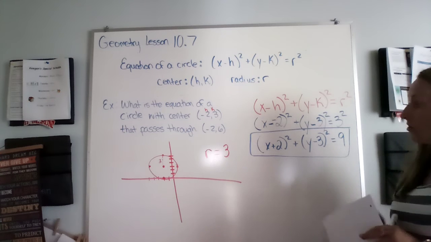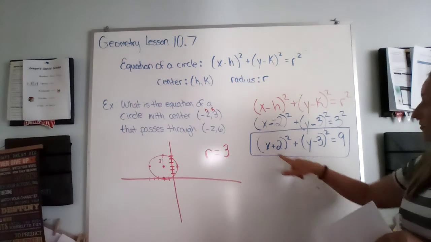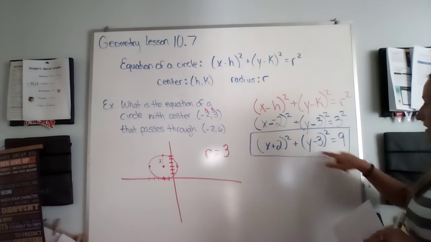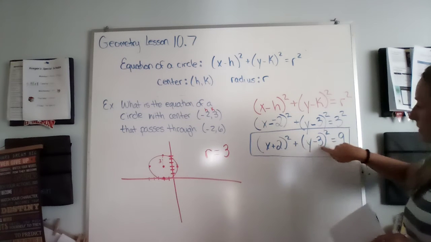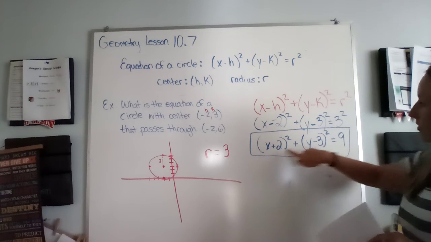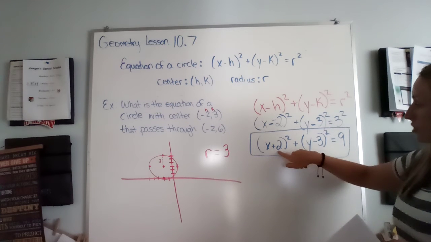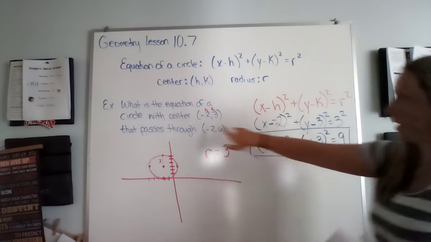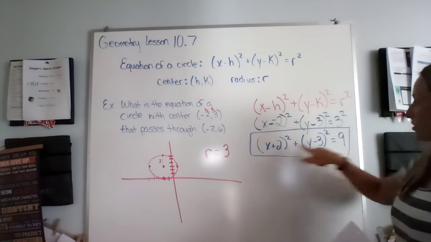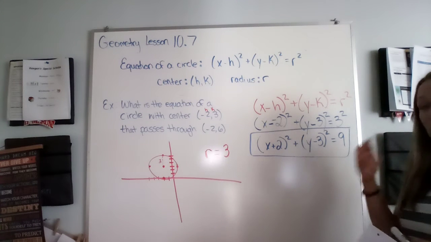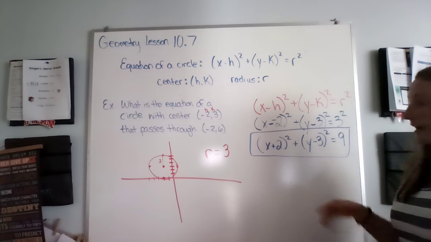All right? Notice before we move on, if you're given an equation like this, think back, if I asked what the center of the circle is, you're not going to say (2, -3), right? It's actually (-2, 3). So keep that in mind because I will be asking you questions like that in a moment.